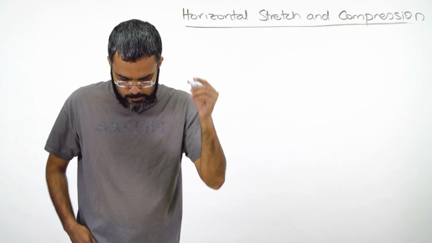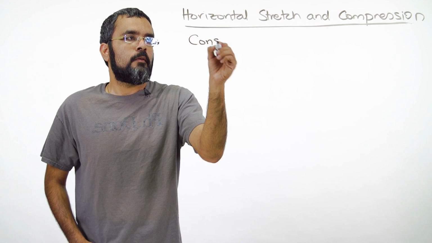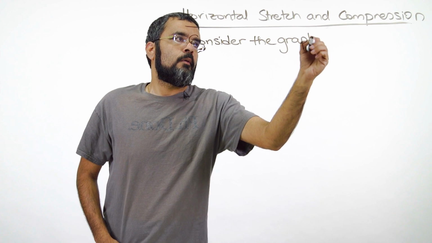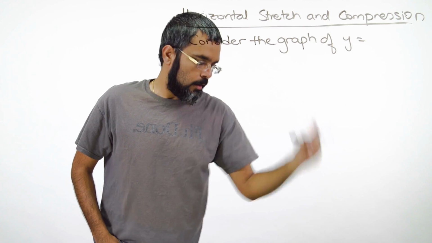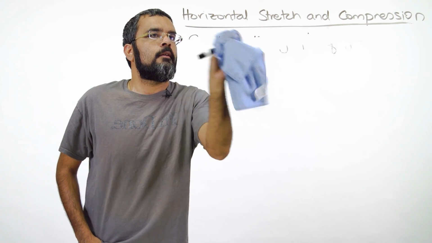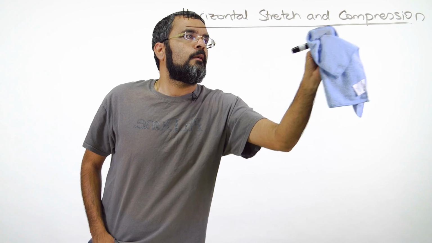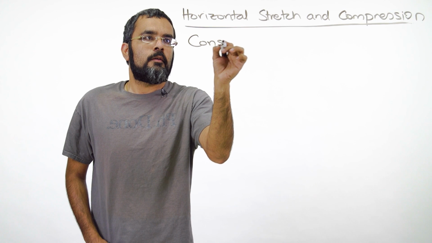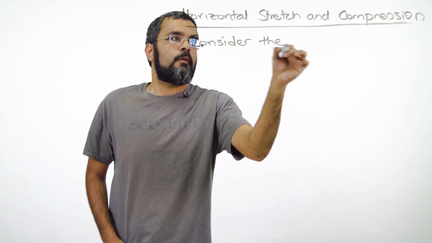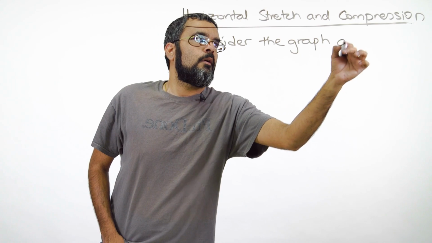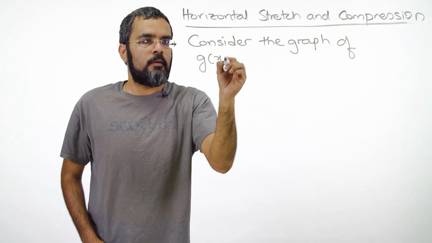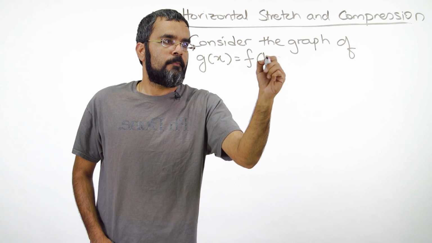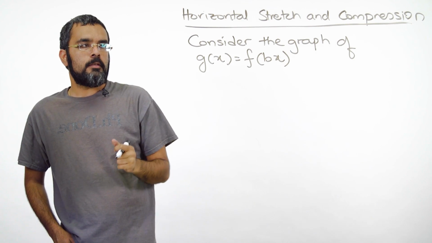Okay, so consider the graph of g of x equals f of bx, where b is some constant.